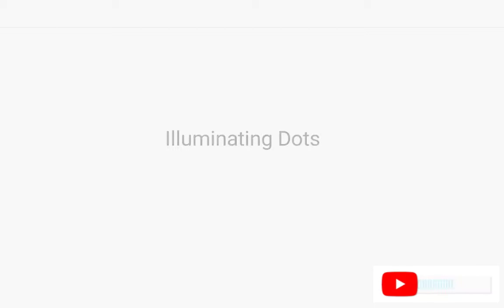So let's begin. Now, cubic polynomials are the polynomials which have degree 3, or you can say the highest power in the polynomial is 3. So a cubic polynomial is something like ax cube plus bx square plus cx plus d.